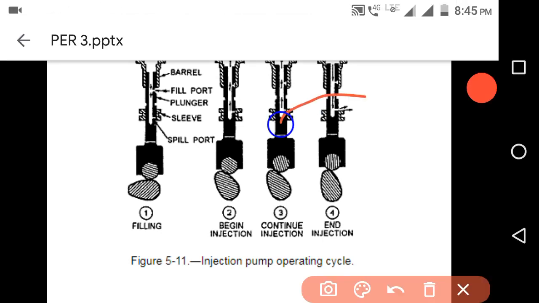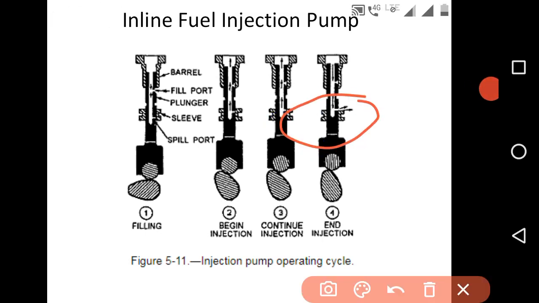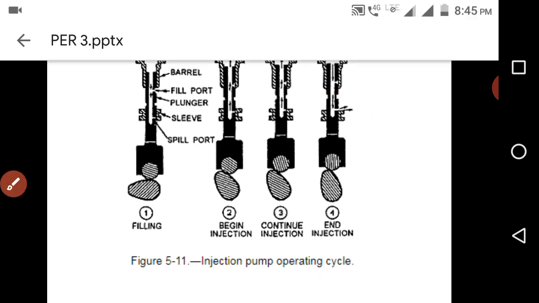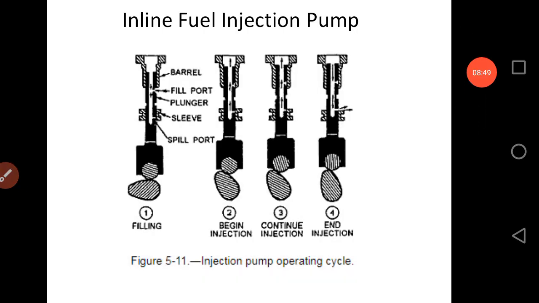Here the spill port and groove are matching, and due to that the injection will end, and it will come back to its position by reducing the pressure. This is the inline fuel injection pump.